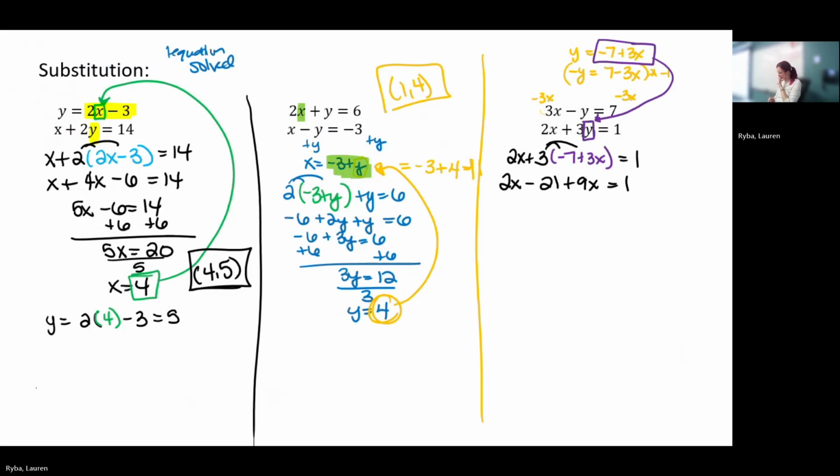So if I add, 11x minus 21 equals 1. I'm then going to add 21 to both sides. So I have 11x equals 22. And then when I divide by 11, I get x equals 2.